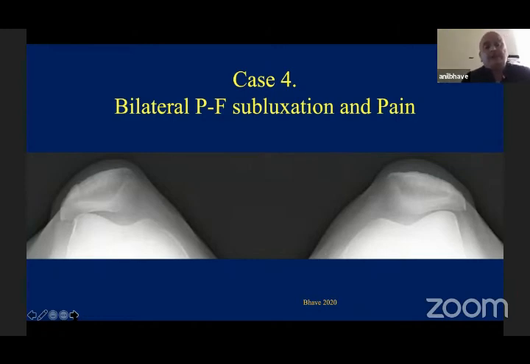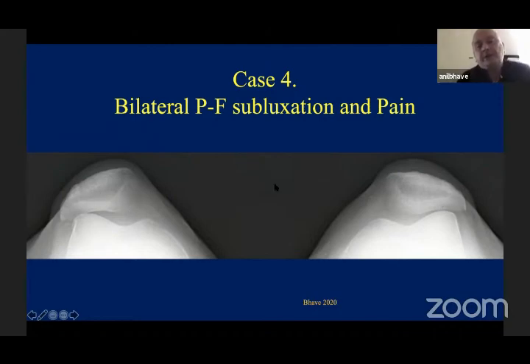This is the case of bilateral patellofemoral subluxation and pain. You can see with her skyline views, she's loading almost the lateral edge of the lateral femoral condyles on both sides, trochleas, and she has point loading of the lateral facet on both sides, subluxation about 40% here, 50% here.